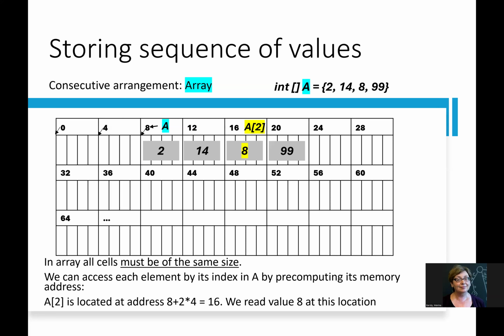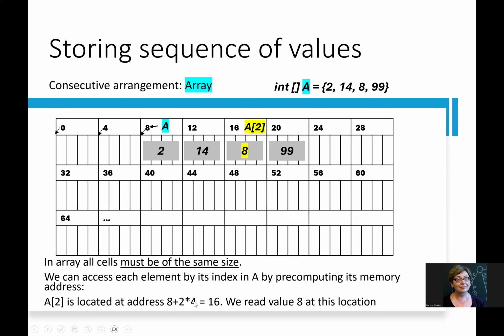For example, in this case, each array element occupies 4 bytes. If we want an element at index 2, we multiply 4 by 2 and add 8 to the address of a.